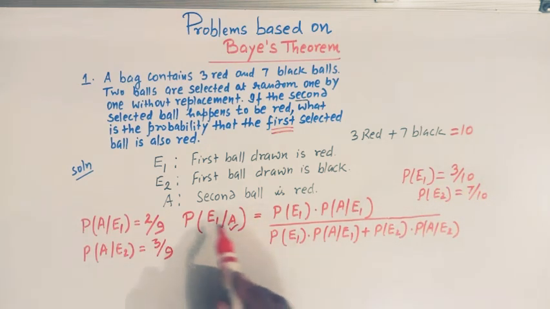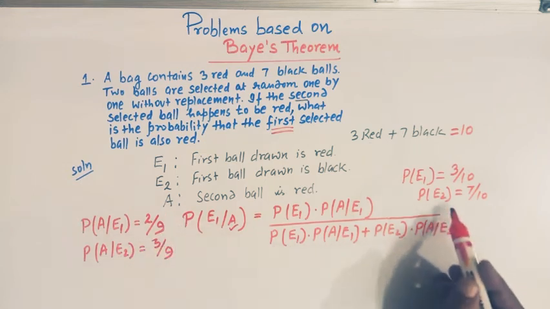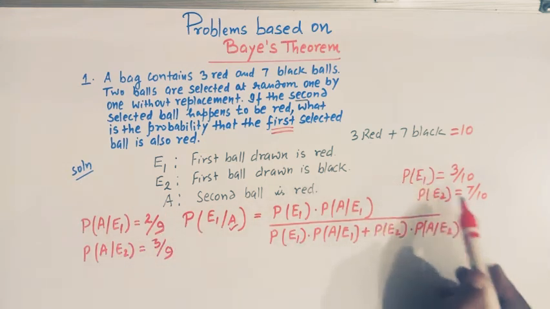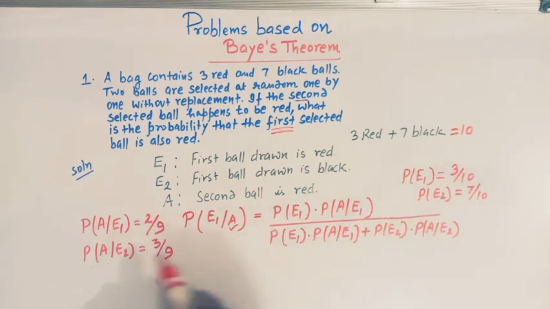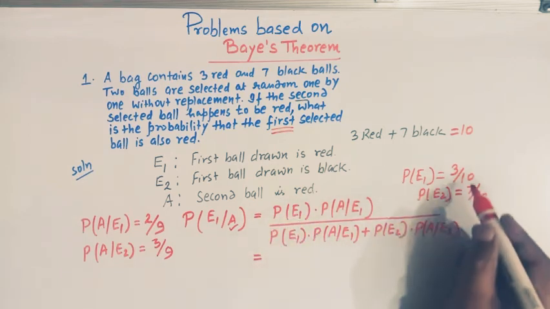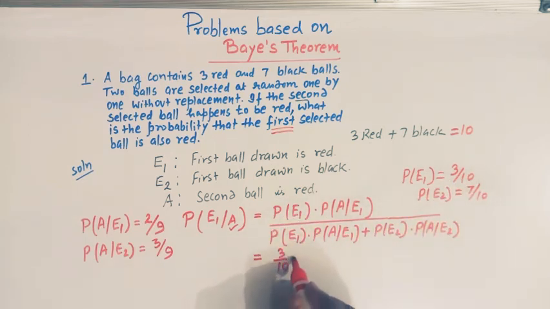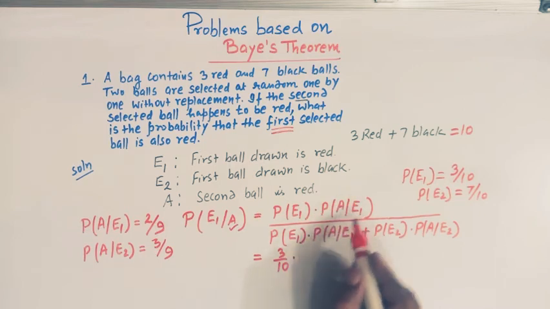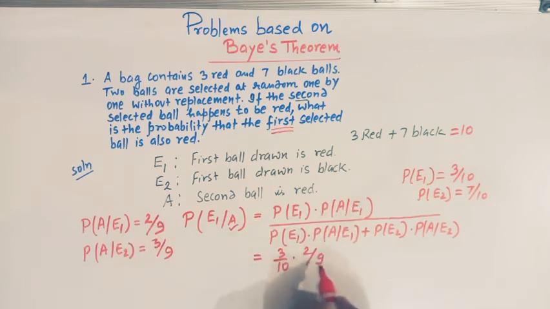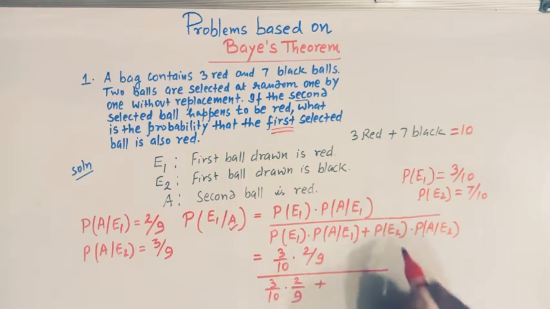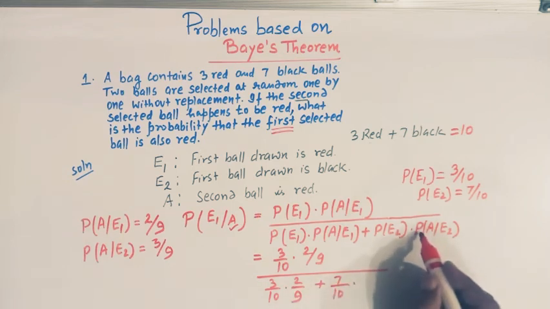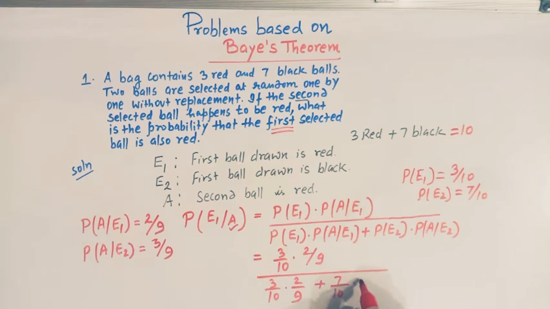Now by Bayes theorem we have this formula, so we have to substitute these 4 values in this formula. For P(E1) we have 3 by 10 multiplied by P(A by E1) which is 2 by 9, and in the denominator we have 3 by 10 times 2 by 9 plus, for P(E2), 7 over 10 times P(A by E2) which is 3 by 9.